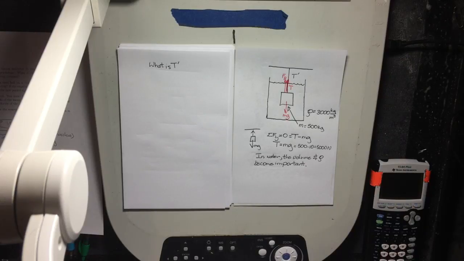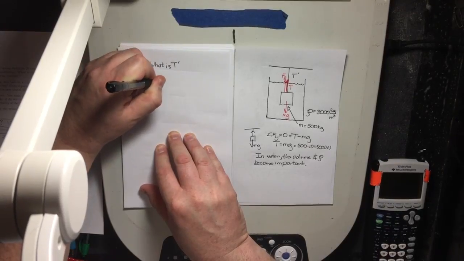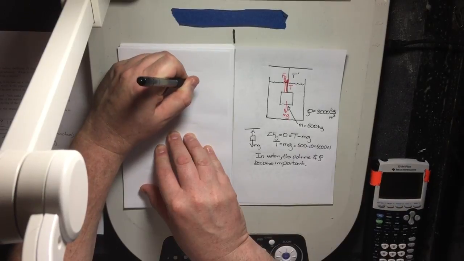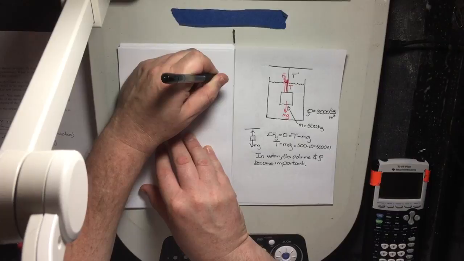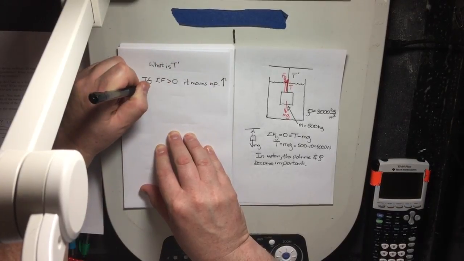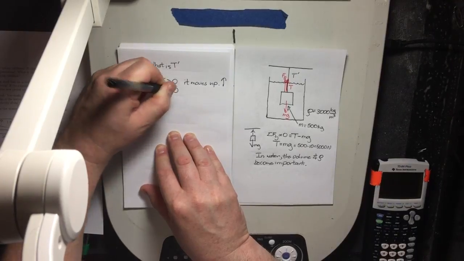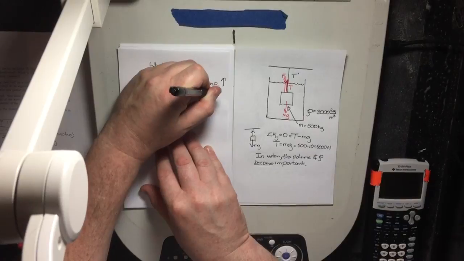The only other question that could be asked, if it wasn't static, or multiple choice questions: if the sum of the forces is greater than 0, it moves up. If the sum of the forces is less than 0, it moves down.